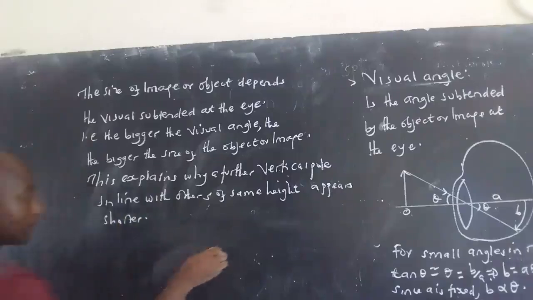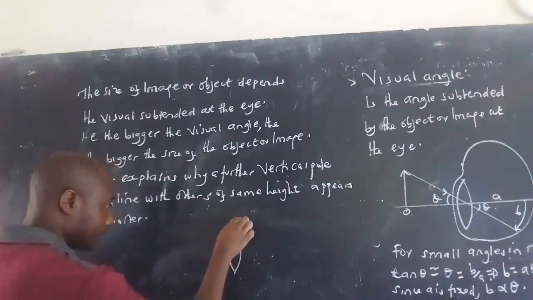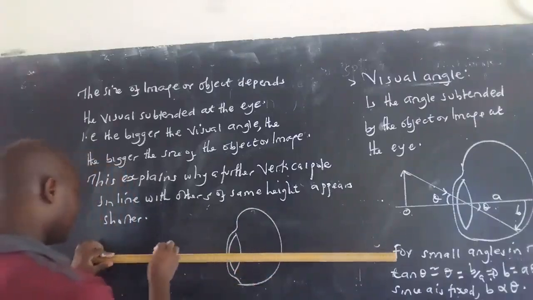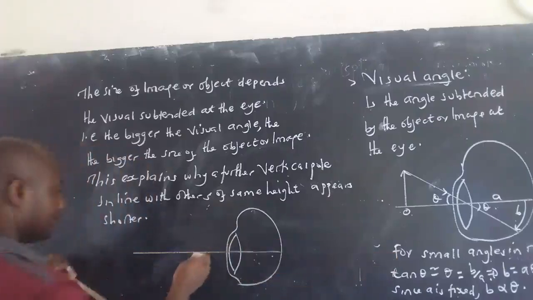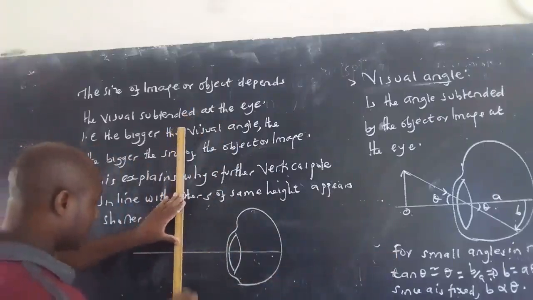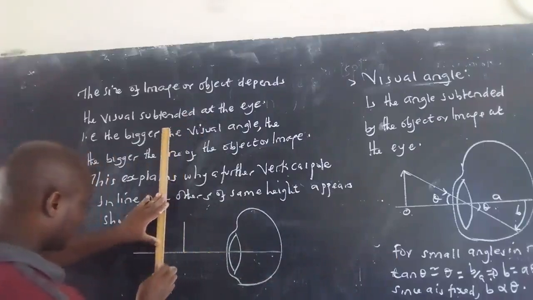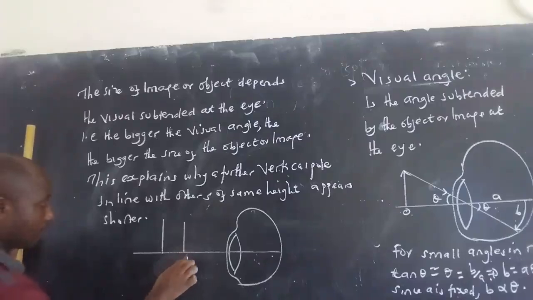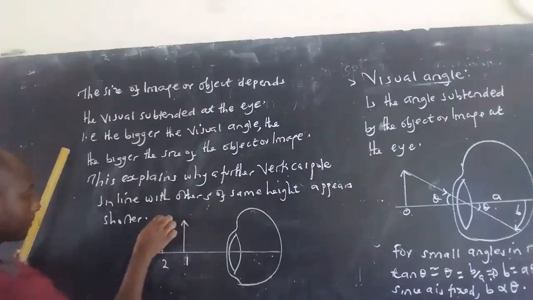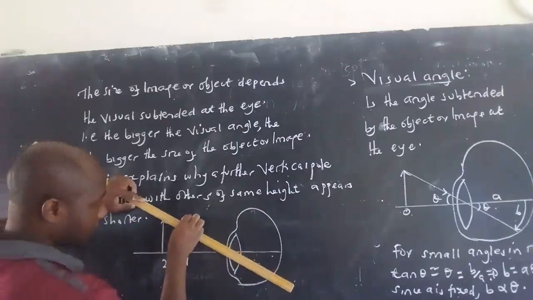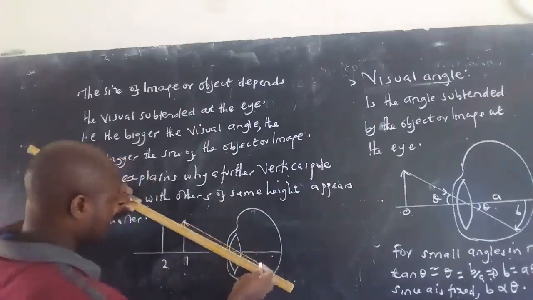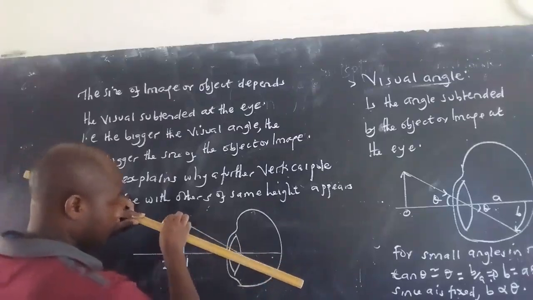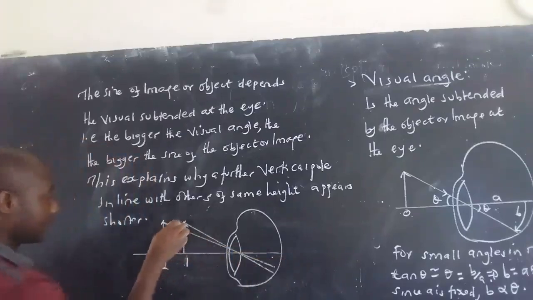So what does it mean? If this is the eye, okay, and then you have, let me say, poles of the same height. So this is pole 1, this is pole 2. So we shall have this, then we shall also have this, like that.